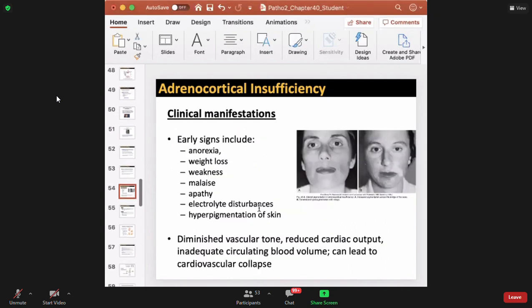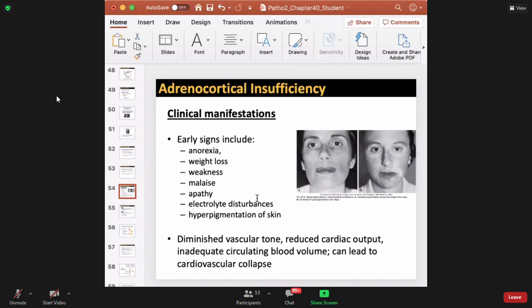So anyway, if we're talking about Addison's, we already talked about the symptoms, and it makes sense to us, right? The sodium wasting and potassium retention, which could lead to metabolic acidosis, is all coming from the aldosterone lacking, right?